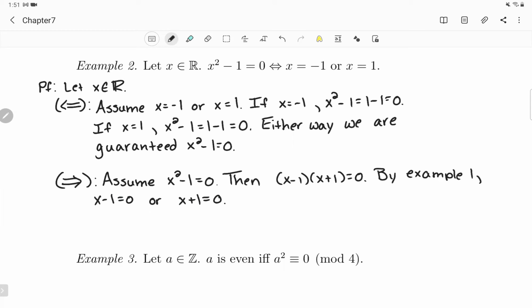But what's that mean? x equals 1 or x equals -1. So thus, x equals 1 or x equals -1. And again, it's okay to end the proof there. It's okay if you want to add a last sentence saying, hey, I showed the if and only if.